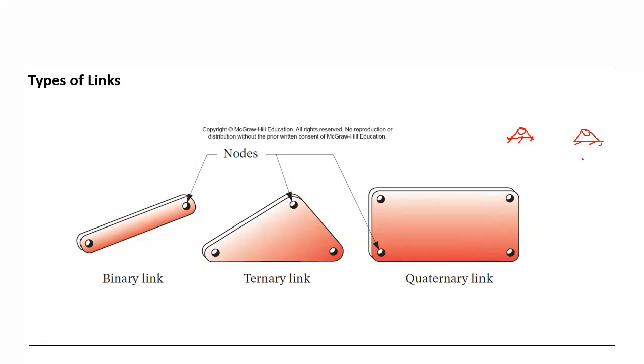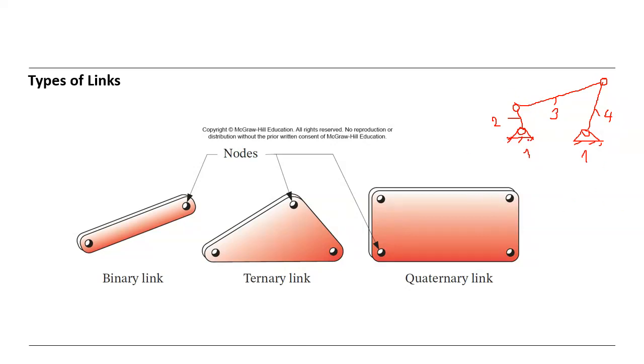We number it with one, and here another member 2, and another member here, and here we have another member connected to this one, and this we call member 3, and this is 4. Therefore we call it a 4-bar mechanism, which consists of 4 bars.